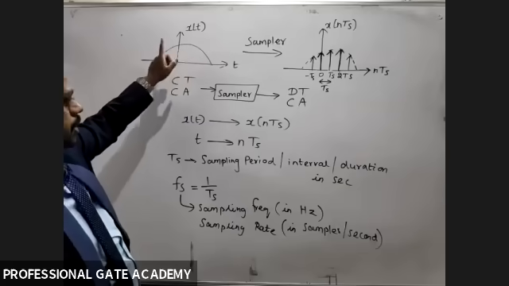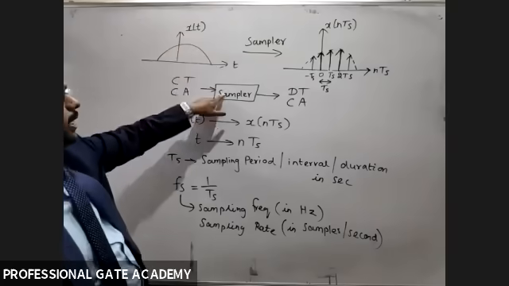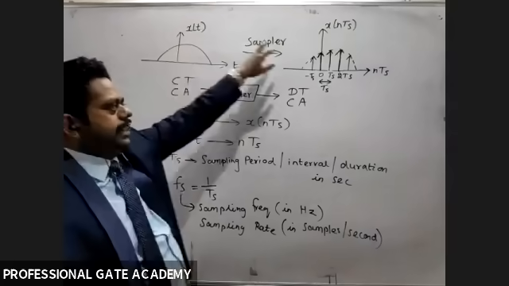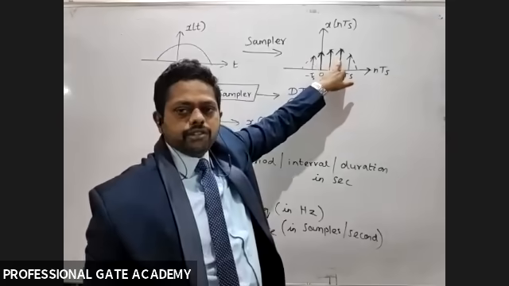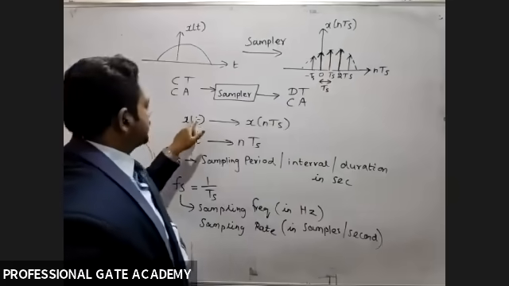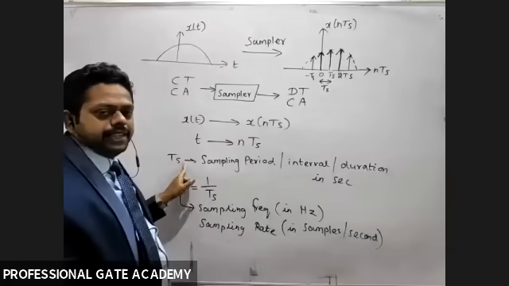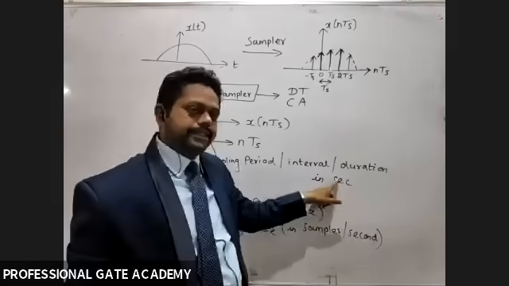So listen. In sampling, continuous time, continuous amplitude is converted into discrete time, continuous amplitude. So here x of t is converted into x of nTs. Here Ts is called the sampling period or sampling interval or sampling duration in seconds.